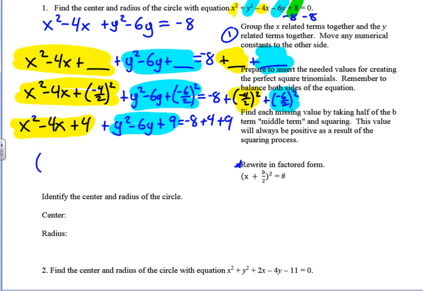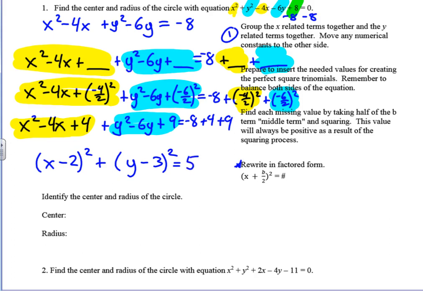So for x, we can rewrite this as x plus negative 4 divided by 2, which is (x minus 2) squared, plus (y minus 6 divided by 2), which would be (y minus 3) squared, and then we just add these over here together. Negative 8 plus 4 plus 9, so 4 and 9 is what? 13. 13 minus 8 is 5.